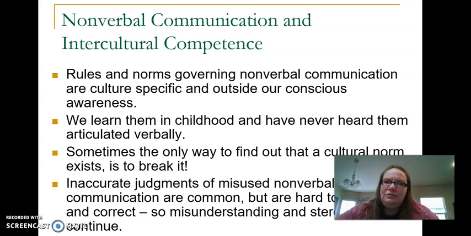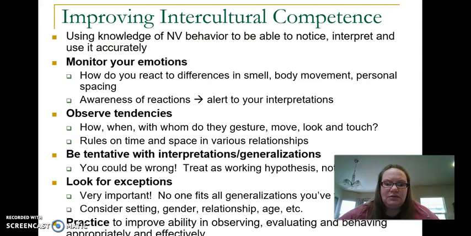So when we have an incident where something happens and we misinterpret the information, we rarely get that information corrected because one, we don't have an idea that it's not correct, and two, the other person doesn't have an idea that our interpretation is not correct. So instead, we continue this belief of what we think it means or what we think we saw, and it can create stereotypes and continue that way.